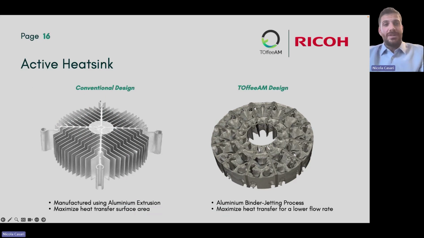An example of an active heatsink, which has been done in collaboration with Rico, which we thank for the possibility of showing you, is reported in this slide. Rico has this conventional design heatsink, which was made by aluminum extrusion, and they wanted to optimize the design.